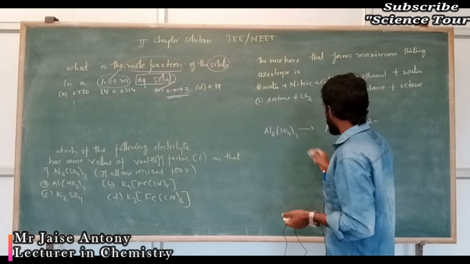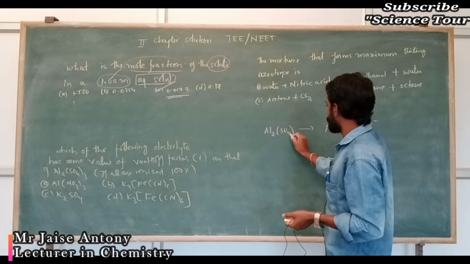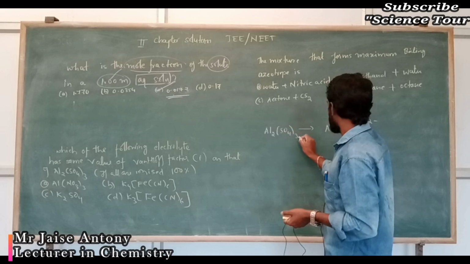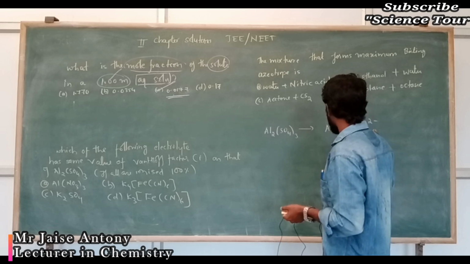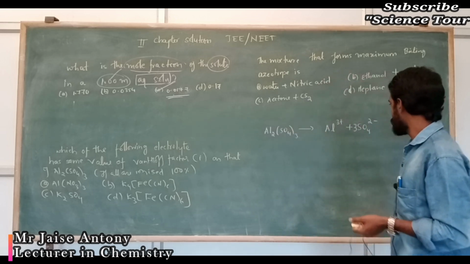And how many sulfate is there? 3, so you have to put here 3 into 4, 12 oxygen, that is correct.